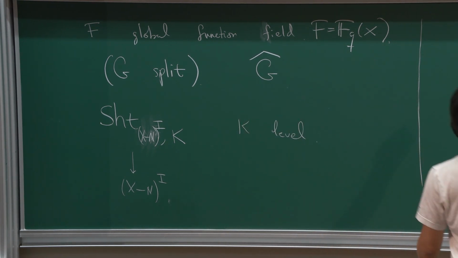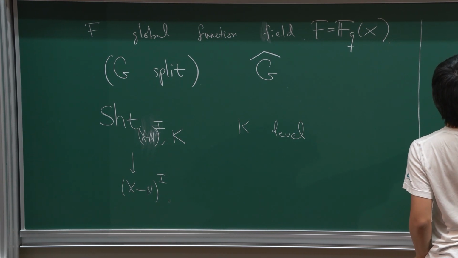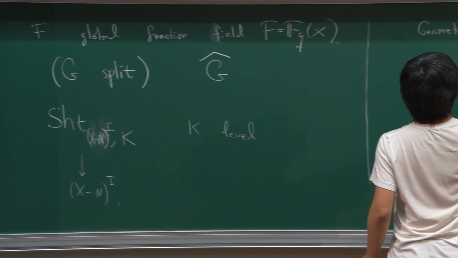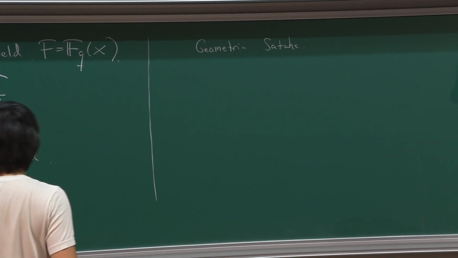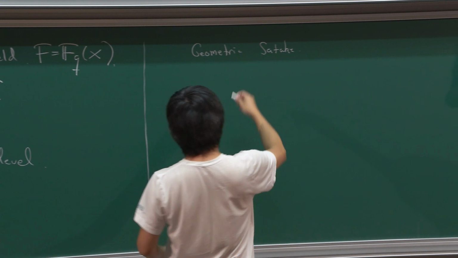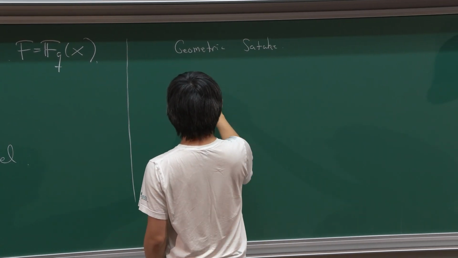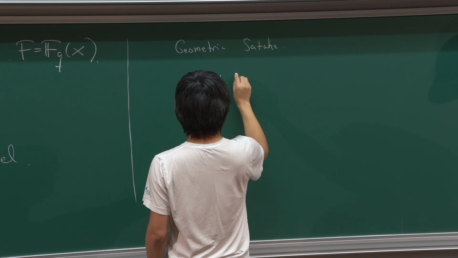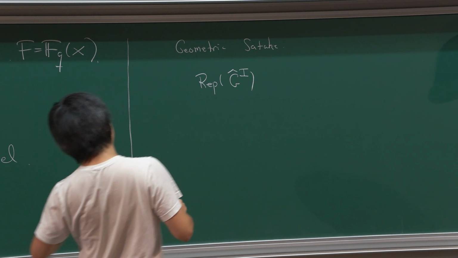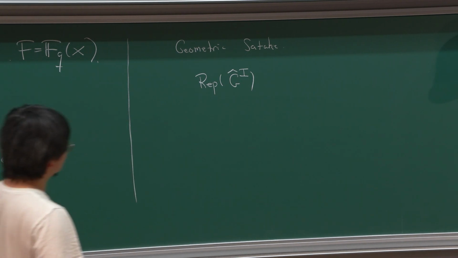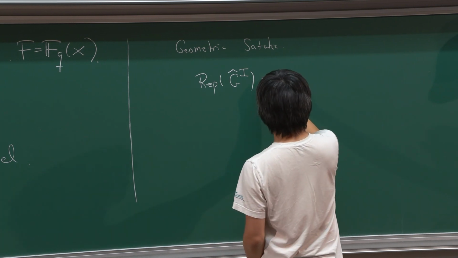Then there's geometric Satake, which I don't have time to recall. But anyway, it says the following. As Zhiwei mentioned, it produces, and for example in the work of Vincent Lafforgue, it is really important to have this in a highly functorial way.